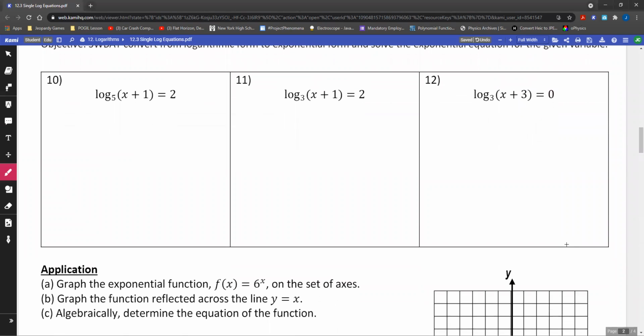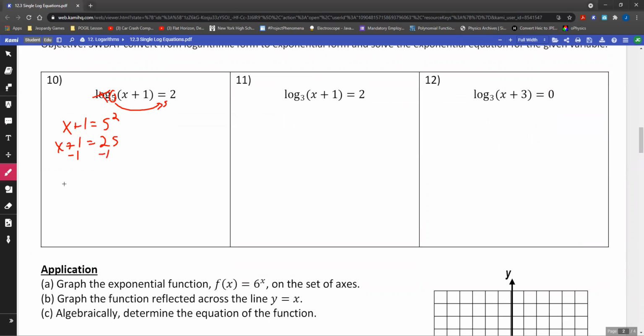All right, number 10. So here, we're going to move the 5 over, drop the log. So we get x plus 1 equals 5 squared. X plus 1 equals 25.